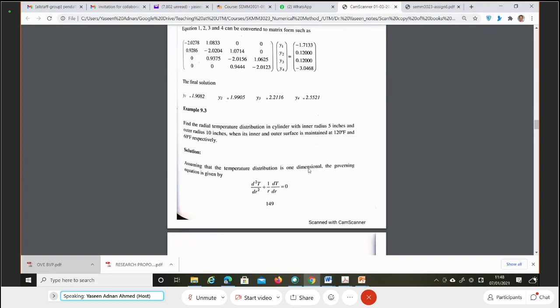In this case, this one is a cylinder. Find the radial distribution of the temperature with inner radius 5 and outer radius 10. So inner radius R1 and R2 is given, when the inner and outer surfaces are maintained at 120 and 60. So in this case, the inner temperature is 120 degrees and outer is 60 degrees.